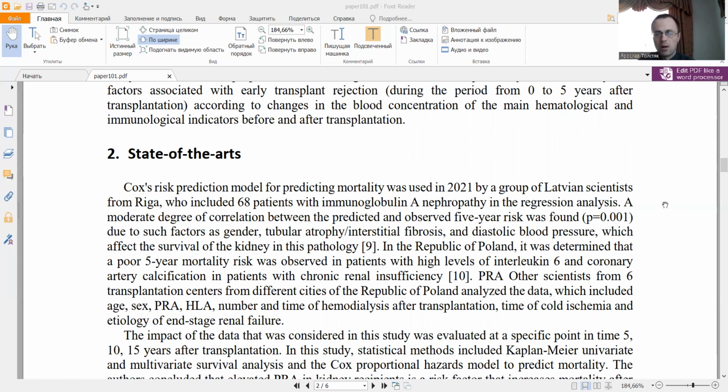Other panel-reactive antibody studies, by scientists from 6 transplant centers from different sites of the Republic of Poland, analyzed data which included age, sex, number of hemolysis after transplantation, cold ischemia time, and etiology and stage of renal failure.